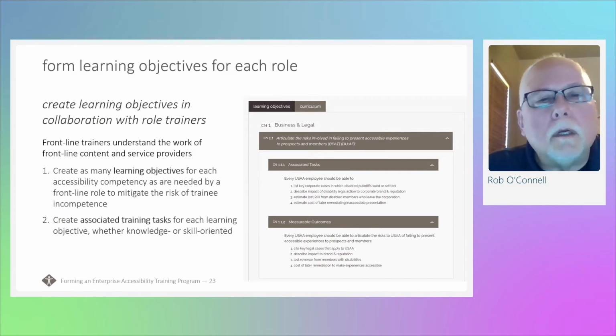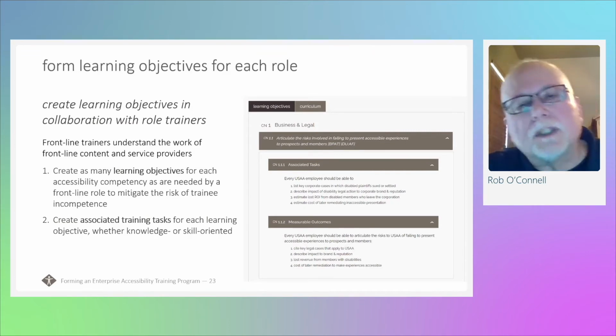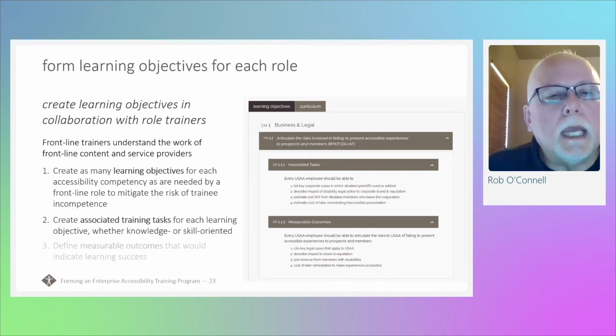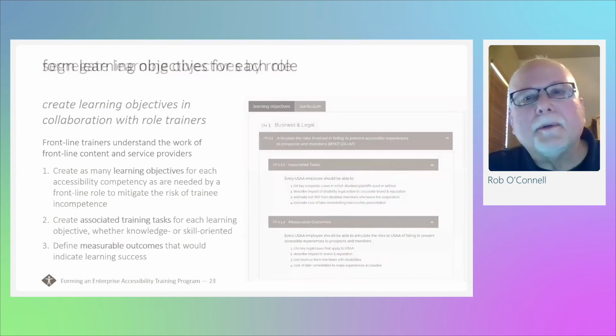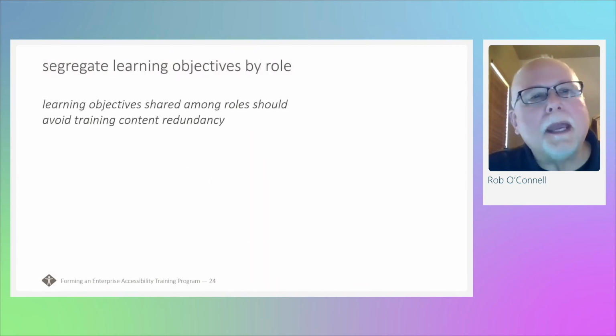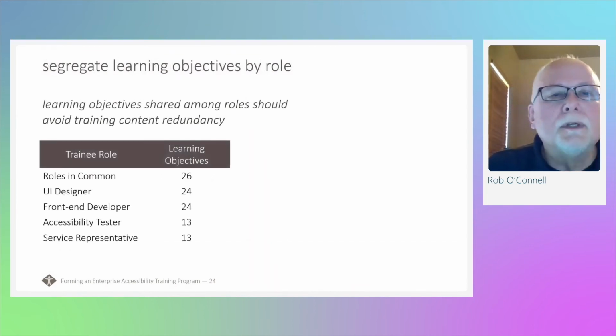And then we created associated training tasks for each learning objective, and we finally created measurable outcomes for each of them. And so for the Common Core, we had some 26 objectives that we wanted everybody in the whole company to know. These are the 26 things, and we actually created a general accessibility awareness training around that.